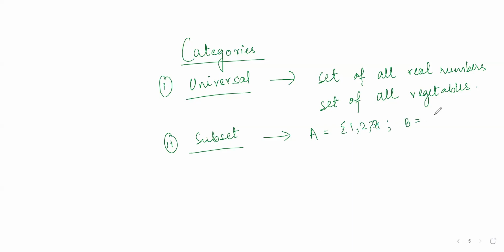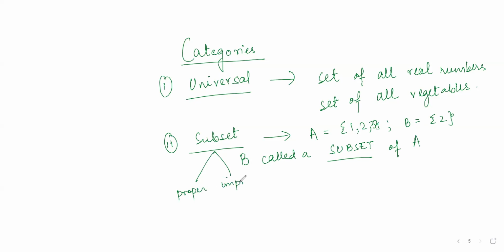B has say only the element 2. So B is called a subset of A. Okay. And in subset also there are two different categories. One is proper subset, the other is improper subset.